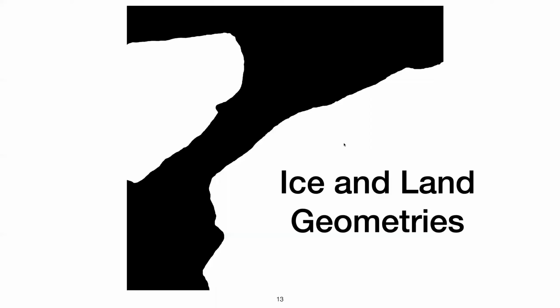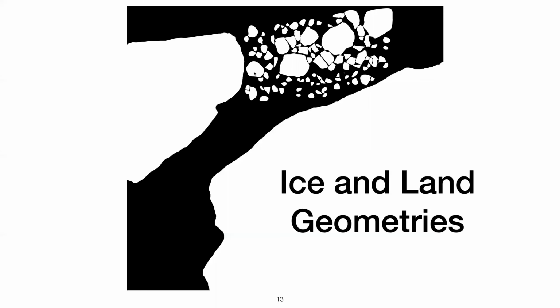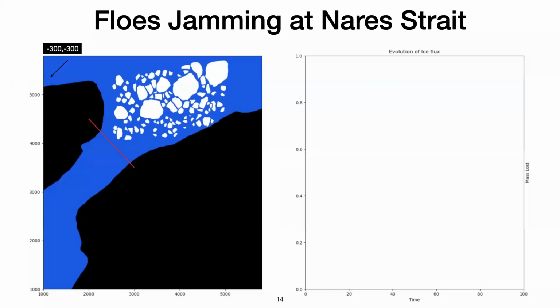We end up getting these ice and land geometries. Here, we just applied a simple condition of all of this sea ice traversing the strait, changing different conditions, both intrinsic to the model and through the currents related to the flow of the sea ice.